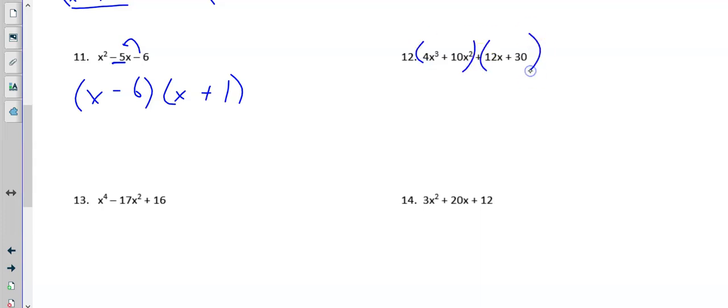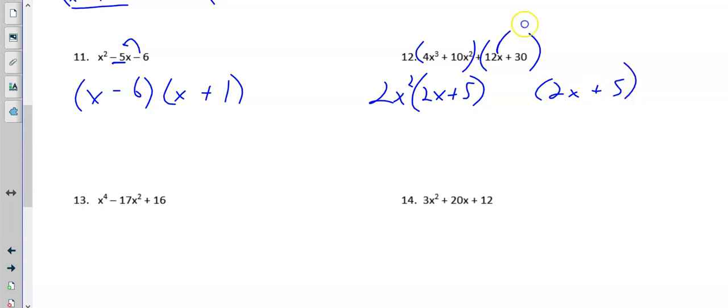Factor by grouping. What can I take out? I can take out 2x squared. 4 divided by 2, x cubed divided by x squared, 10 divided by 2 is 5. I get to cheat and write 2x plus 5 right here. 12 divided by what will give me 2? That's a 6. Positive 6.